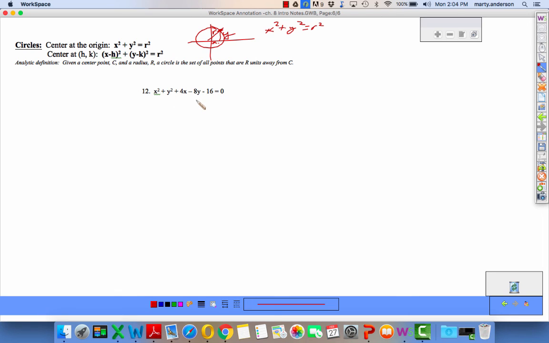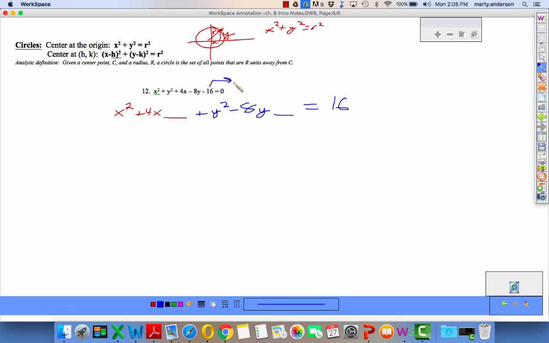Well, how are we going to go from something that is in standard form like this into something that is going to be in what is called vertex form or the center form of the circle? So the first thing I'm going to do is group my x's. So I have x squared plus 4x, leave a blank because we're going to complete the square, and then group your y's, plus y squared minus 8y, leave a blank, chase that 16 to the other side.